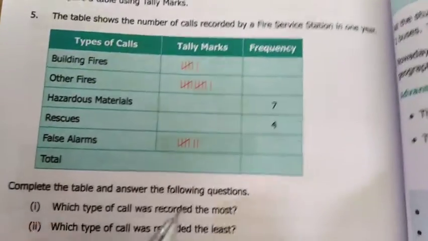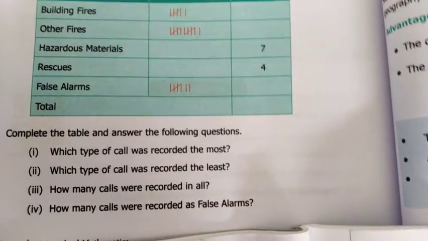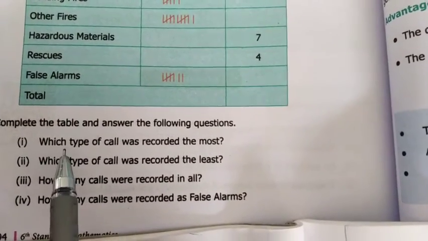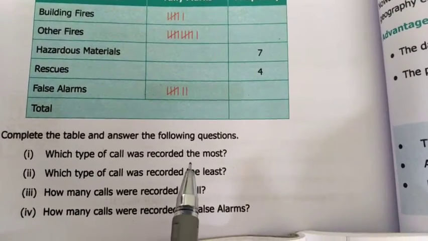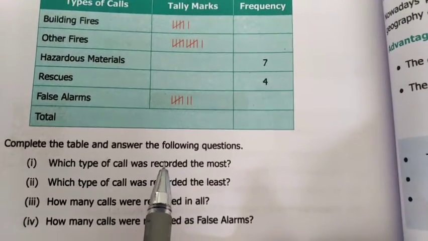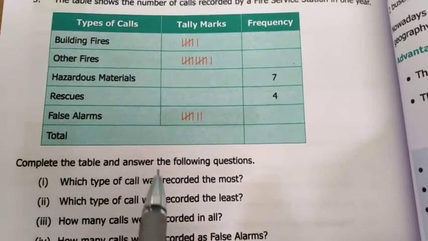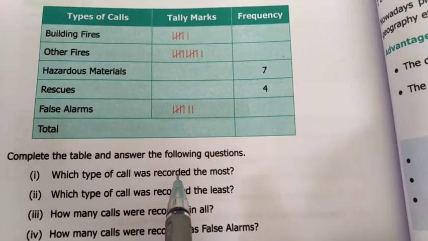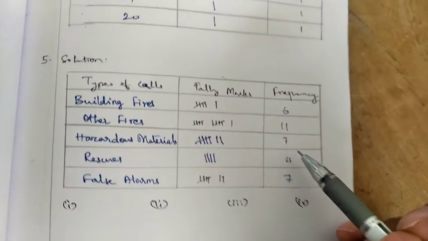Now the question here is below. Complete the table and answer the following questions. So what is the first question here? Which type of call was recorded the most? Means among all these types of calls, which call has been recorded the maximum number of times? Let us check the frequency. In checking the frequency, it will be easier, right?